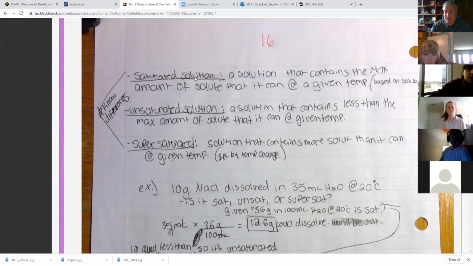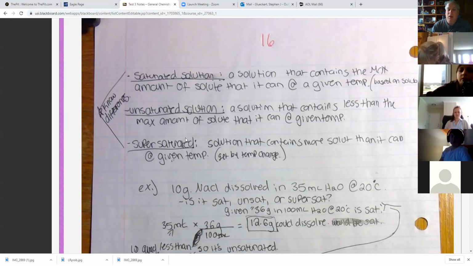Going back to solubility, if you think about the maximum amount of stuff that can be dissolved, you're going to have 3 types of solutions. You can have a saturated solution, and a saturated solution contains the maximum amount of chemical that it can, and that is based on solubility. Okay. If you have less than that maximum amount, you have an unsaturated solution, so more could possibly dissolve.